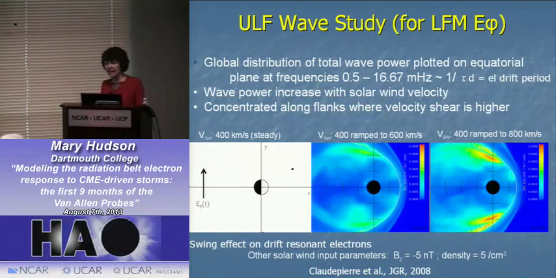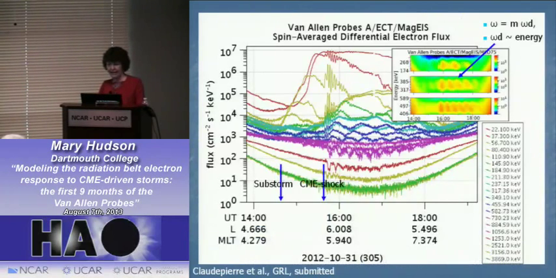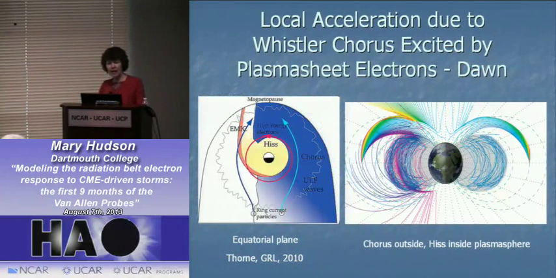And so that's the connection. And then if you increase the solar wind velocity, whether it's due to a high-speed stream or a CME shock, both of those are going to amplify ULF wave power in the magnetosphere. Okay, so I don't have time to say anything about local acceleration other than that it's important.